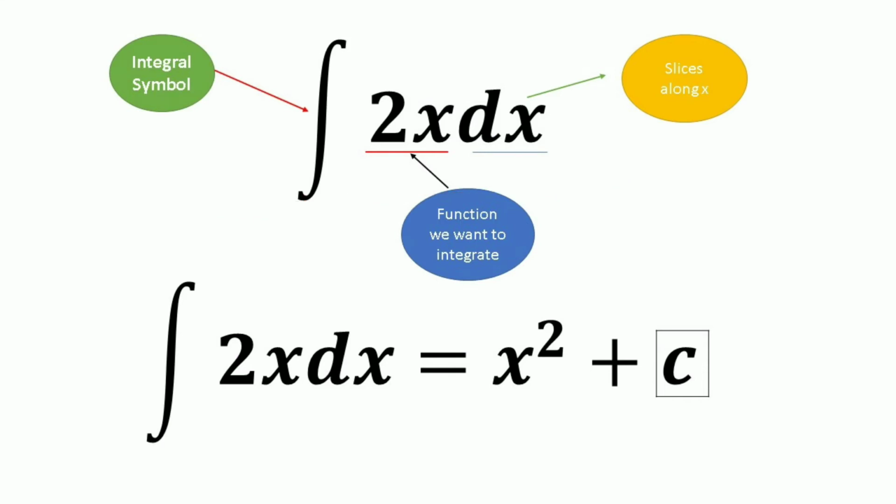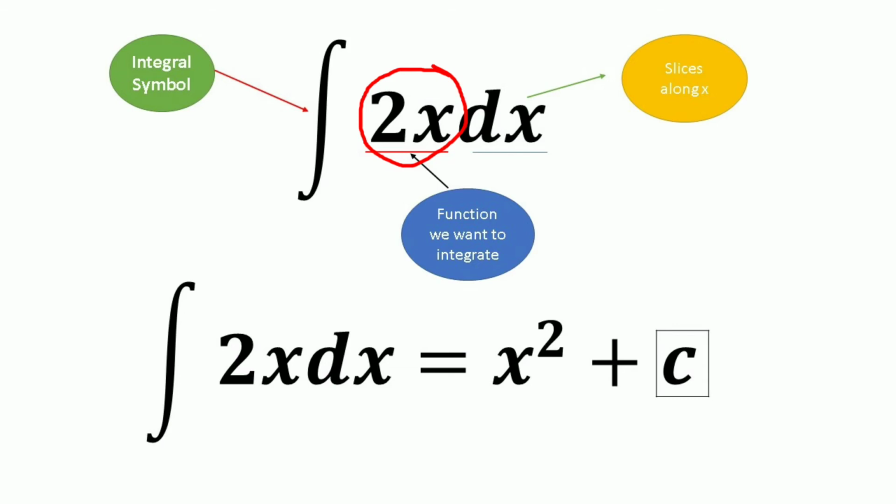Here this symbol for integral is a stylish S, where S is for sum, the idea of summing slices. After giving the integral symbol, we put the function we want to integrate, which is called the integrand.